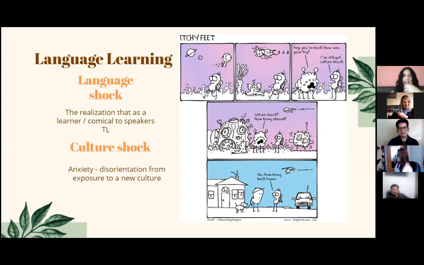He's checking what is going on in their environment, and they say, "Hey, you're back. How was your trip? I still get culture shocked." "Okay, culture shocked from being abroad?" "No, from being back home." So probably that person feels homesick or something like that.